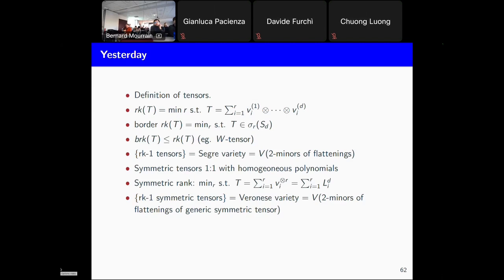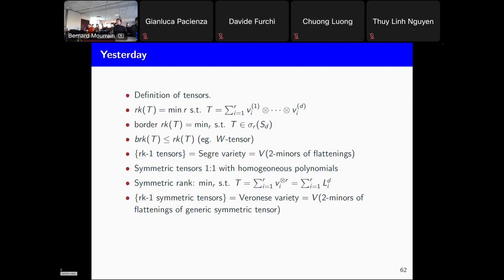And then we passed to symmetric tensors, because it's where we can actually do something. If you are really interested in computing the rank of your tensor, the first step is to pass to symmetric tensors, and the very easy case are tensors that belong to C2 tensor C2 tensor C2, d times. So we define what a symmetric tensor is, and then we define the symmetric rank.